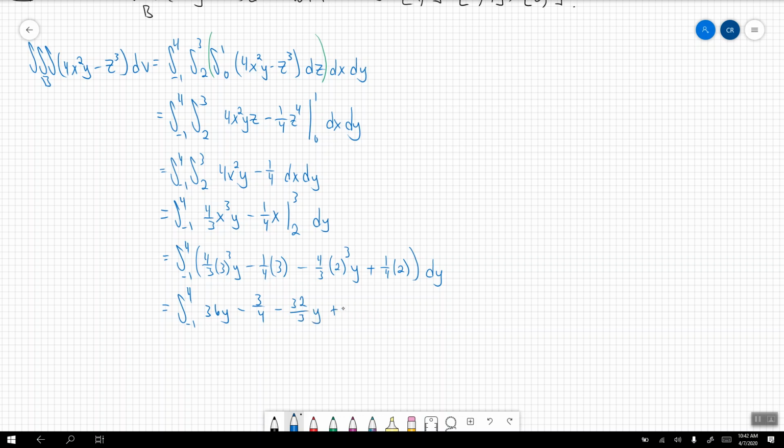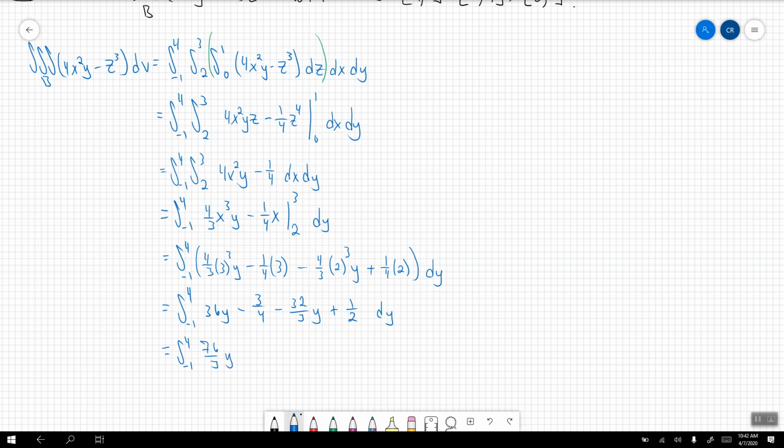And then we get plus 1/2 here, and that's all dy. What I want to do is combine like terms before I integrate, just to make things a little bit easier. So I have this 36, and then I have minus 32 divided by 3. That should give me 76/3 y.